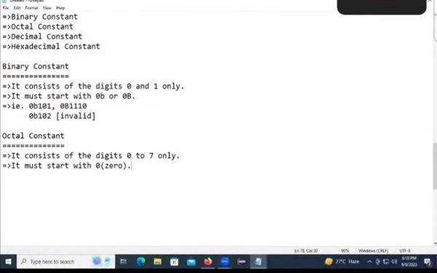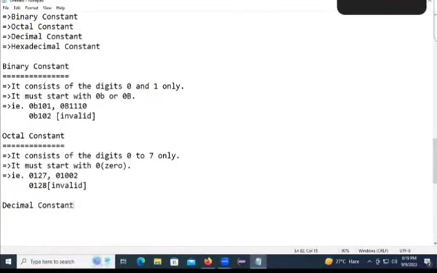Any number that starts with 0 followed by a sequence of digits from 0 to 7. Like 0127 is valid, 01002 is valid. But 0128 is invalid. It's not an octal constant, because 8 is not allowed; 0 to 7 is allowed.